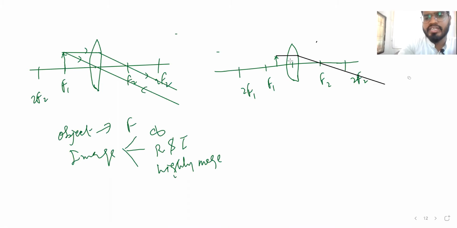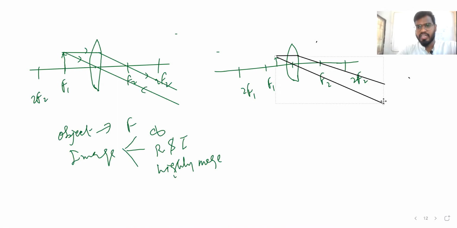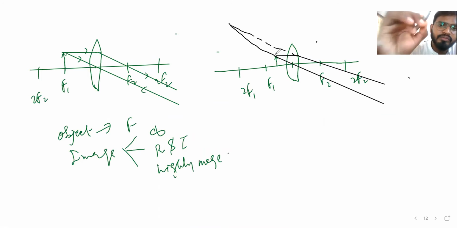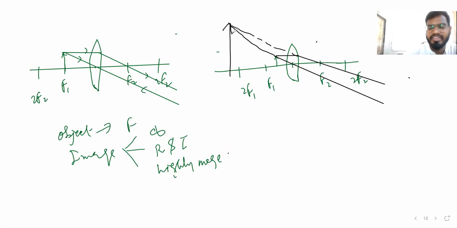That we understood. Second, a ray of light passes through the center of curvature. Now if you see, both are divergent, right? It is not convergent, it is diverging, so it will never meet. Then we have to extend these rays of light, so somewhere here it will form, right?